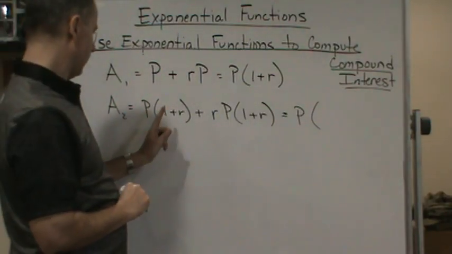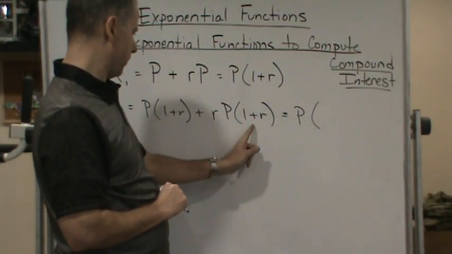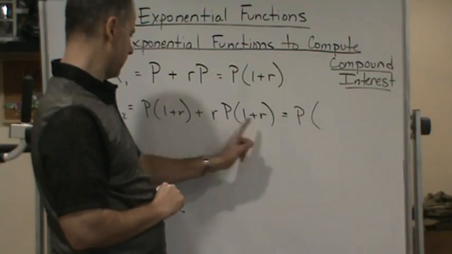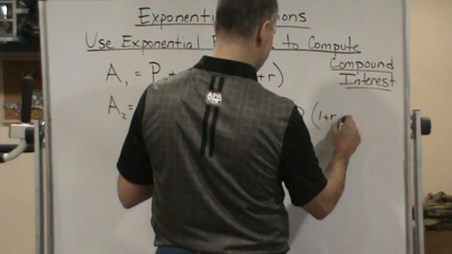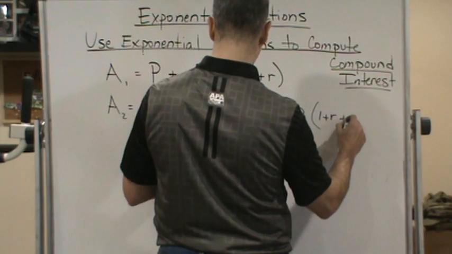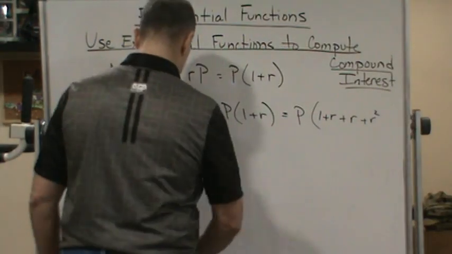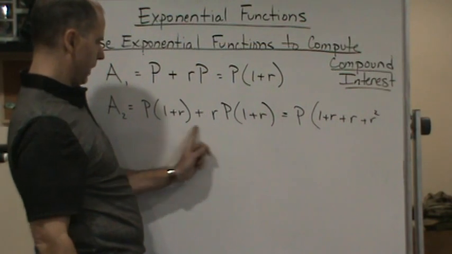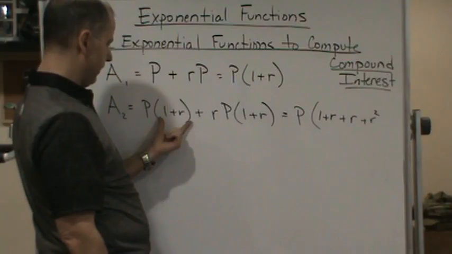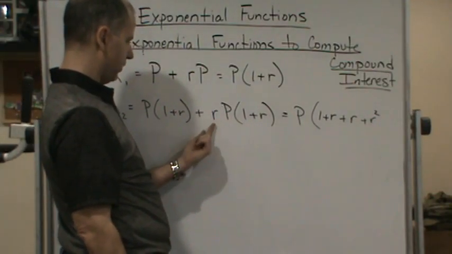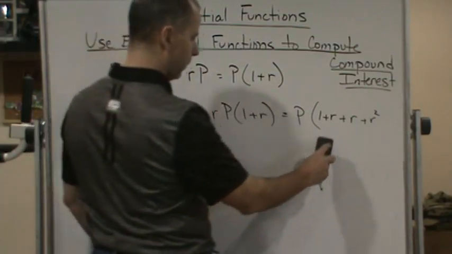Well, it's going to be R plus R squared here, because we're going to distribute the R. I've got 1 plus R, so we're going to have 1 plus R plus R plus R squared, right? That's what this gives us. So I factored out the P. That's going to leave this plus this, so the R distributes. I get R plus R squared, and I put it all together, I get this.